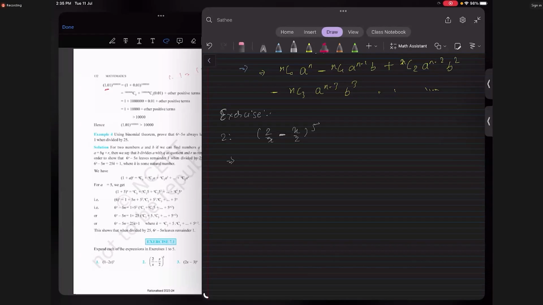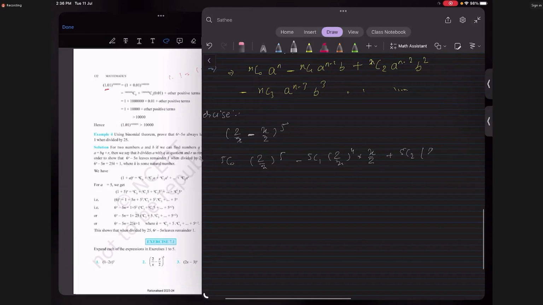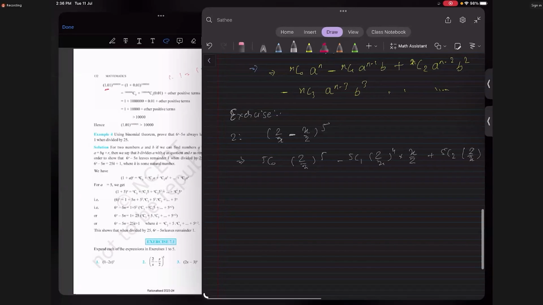So this would be something like 5C0 (2/x) to the power 5 minus 5C1 (2/x) to the power 4 (x/2), plus 5C2 (2/x) to the power 3 (x/2) whole square, and this would be minus 5C3 (2/x) to the power 2 (x/2) to the power 3, plus 5C4 (2/x) to the power 1 (x/2) to the power 4.